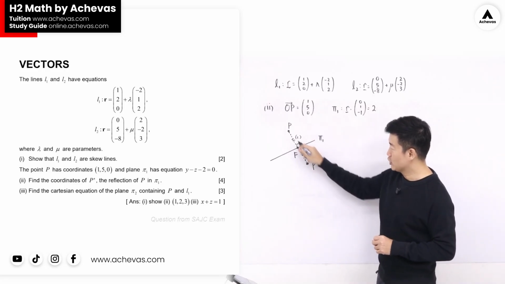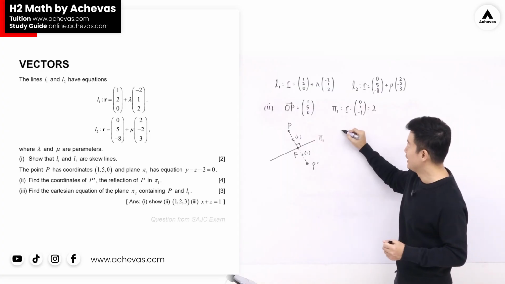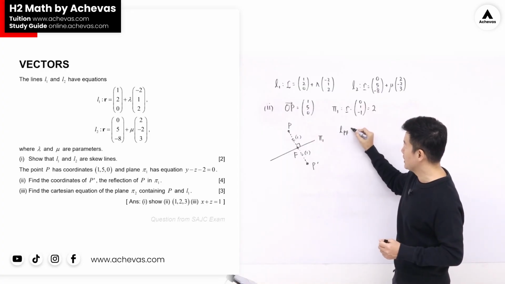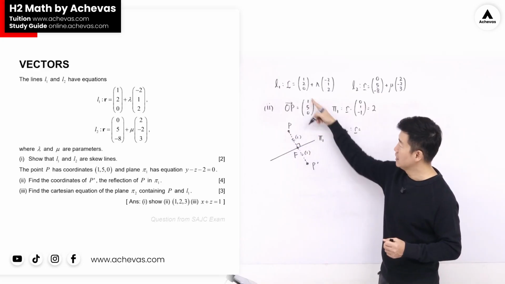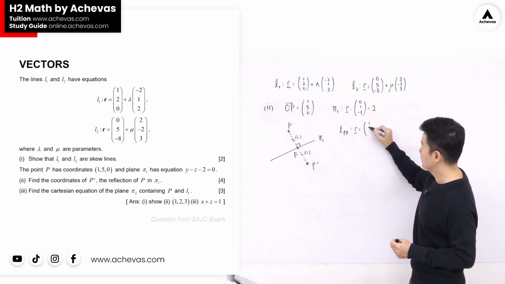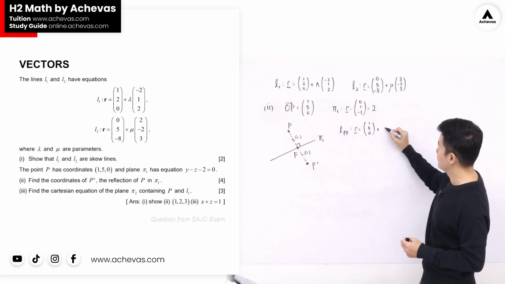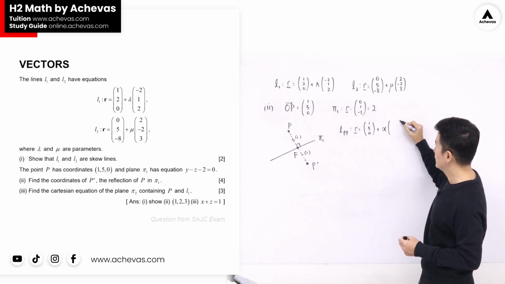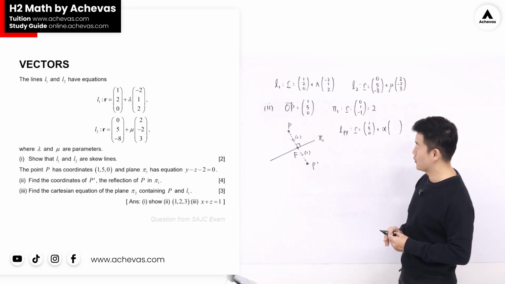This point is going to be lying on the line that passes through, of course, PF. So this line that passes through PF, r is equal to, since it passes through point P, I'm going to be making use of the position vector of P, and that will be (1, 5, 0), plus, since we have already used lambda and mu, let me use alpha, times a direction that is parallel to the line that passes through PF.